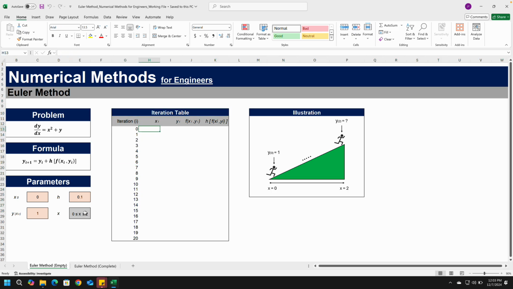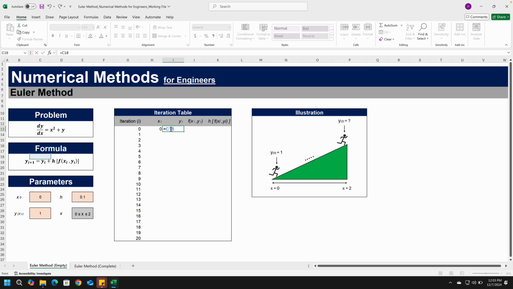Here, xi at the first row is simply just 0, so link it to this cell. And we have our yi, and we know yi to be 1 here, because at x equals 0, y is equal to 1. So these are the initial values, and afterwards we can proceed with this column here, which is f of xi and yi, which is simply just the evaluation of this function here using these values, meaning it's just 0 squared plus 1.